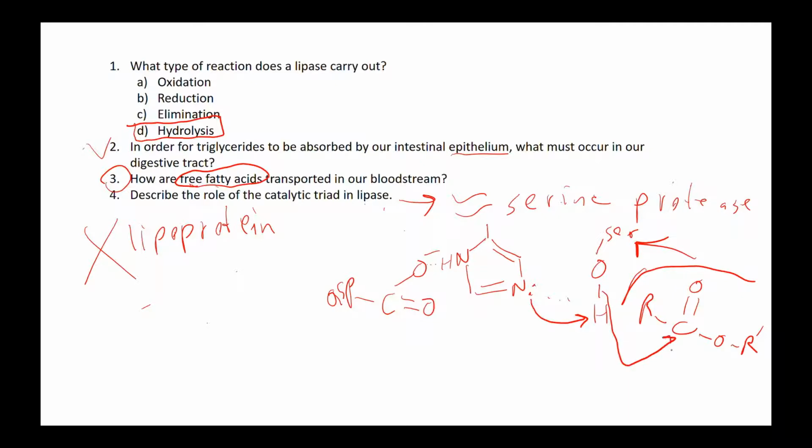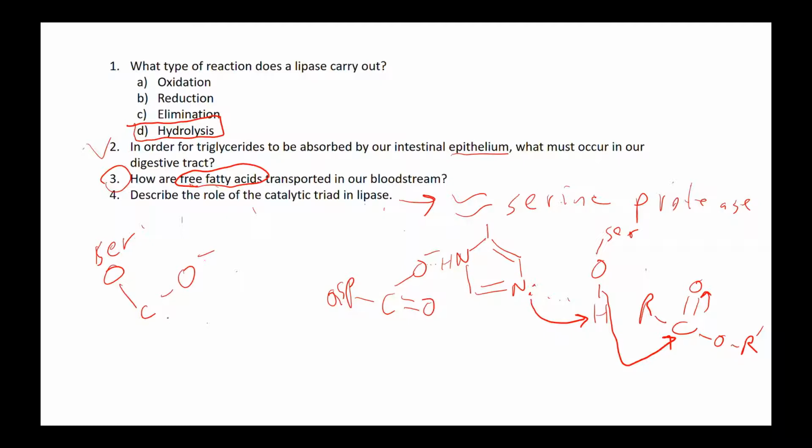Then the serine is able to do a nucleophilic attack on its target carbonyl compound there. What we end up with is an intermediate that looks like this. And then in the second step, the electrons collapse down, and we lose the alcohol group off of here.